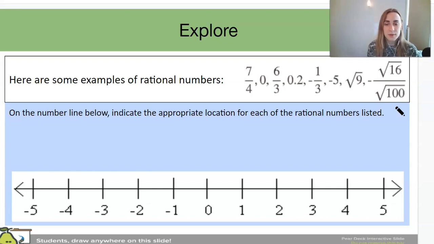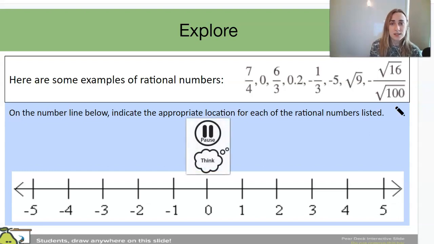So on the number line below, indicate the location for each of those numbers. And I suggest start with the friendliest number. Which ones are you the most confident about? And then narrow it down using what's friendliest first. Pause and think. Take your time to order these numbers.